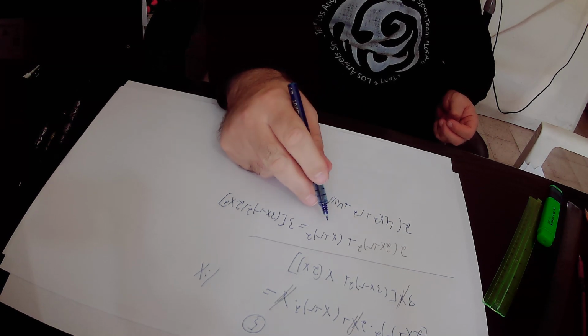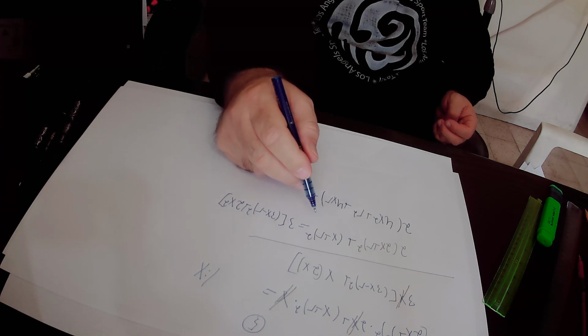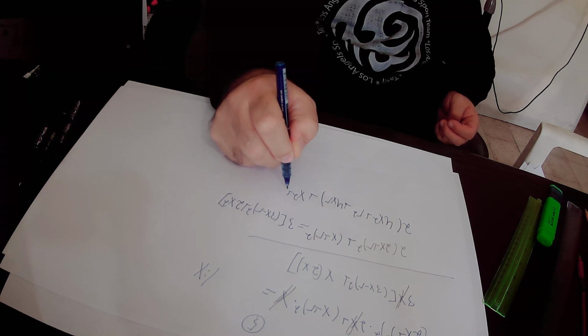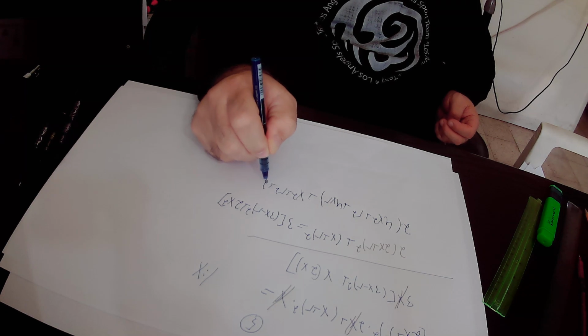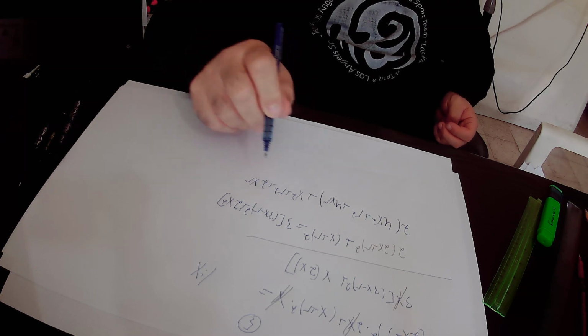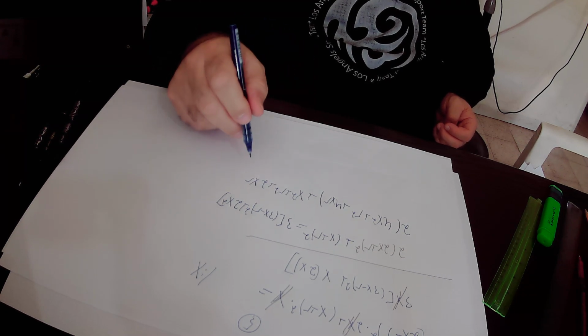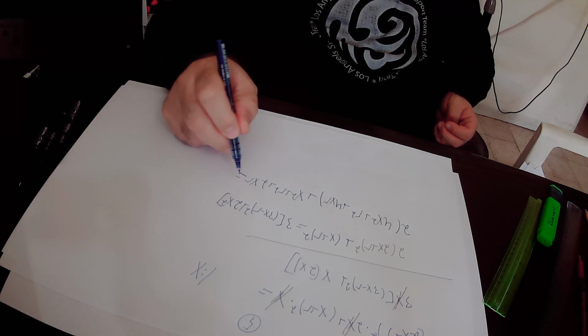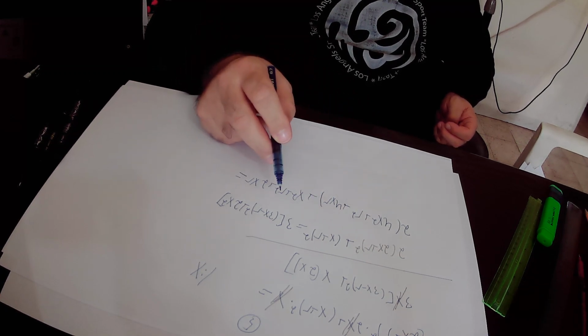And we have also this expression, (x plus r) squared equals x squared plus r squared plus 2 times xr. Okay? So we finished this side of the equation.